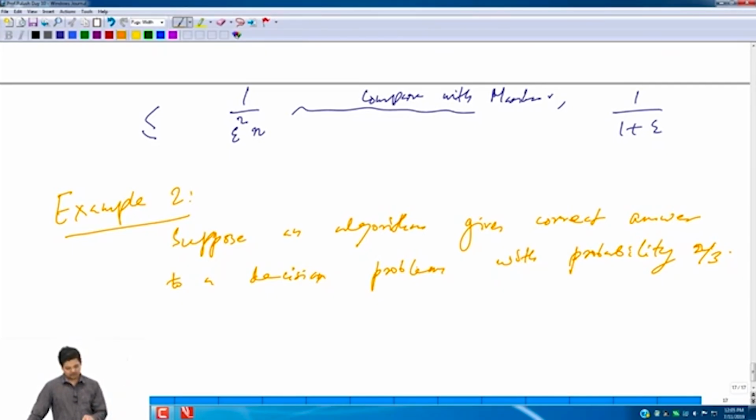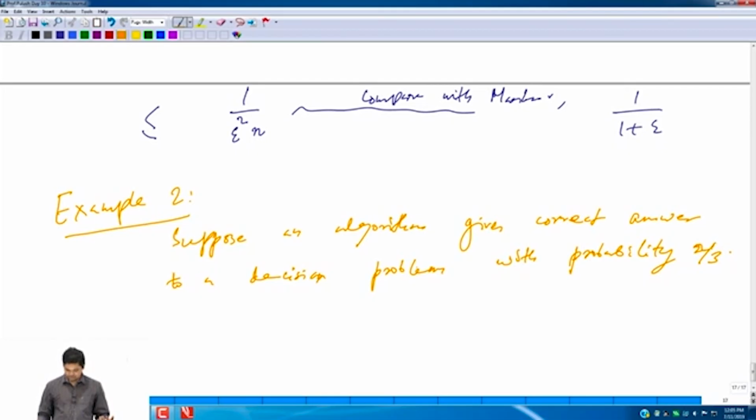Now, from this algorithm, how can I get another algorithm which solves this problem with 99% probability? It's very easy. You run this algorithm multiple times, n times, and answer the majority. That means you run the algorithm 1,000 times, and see how many times it gives a yes answer and how many times a no answer, and if it gives more yes answers than no answers, output yes.